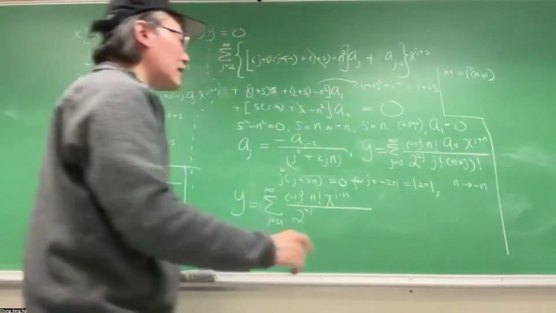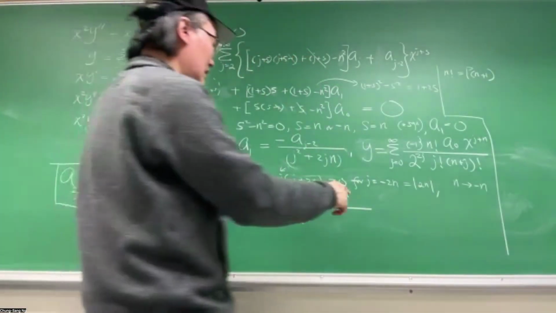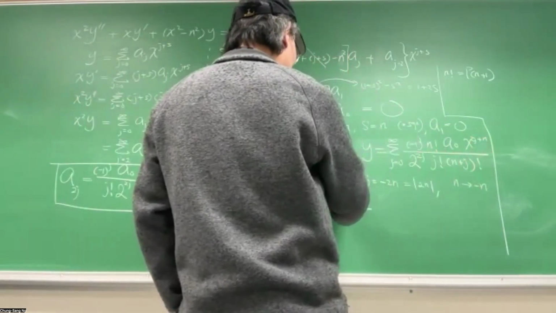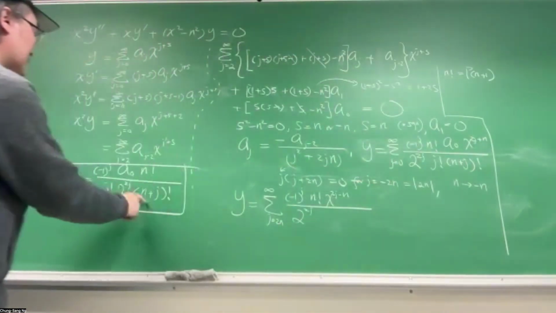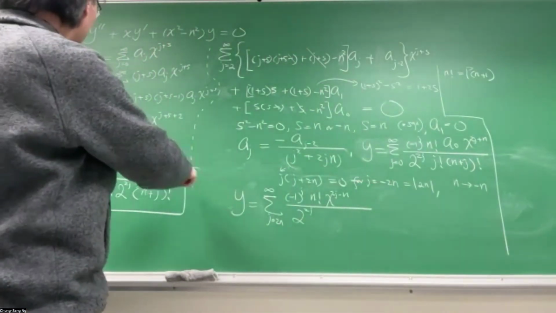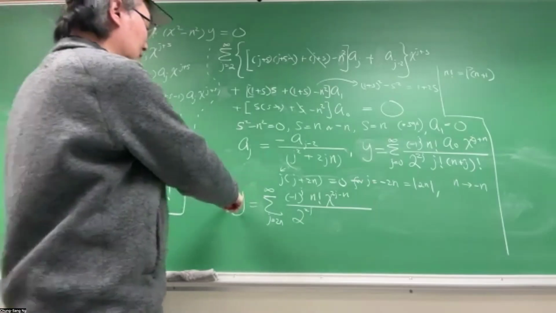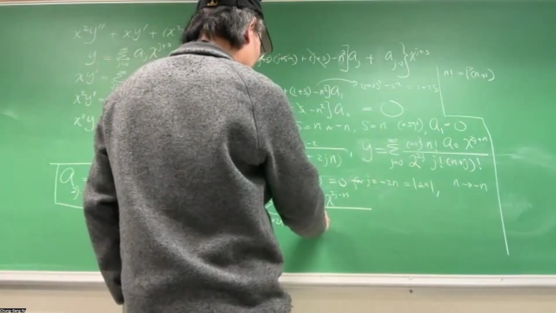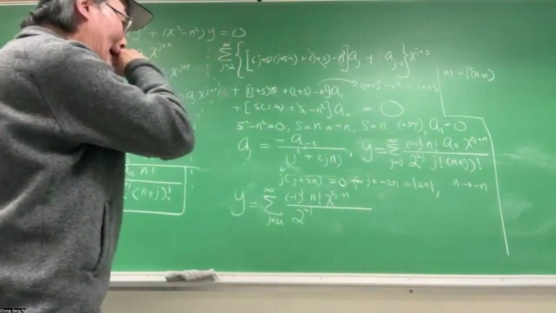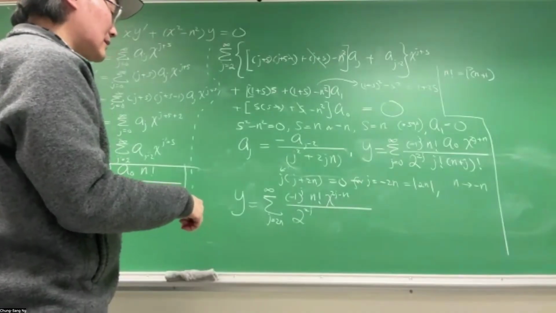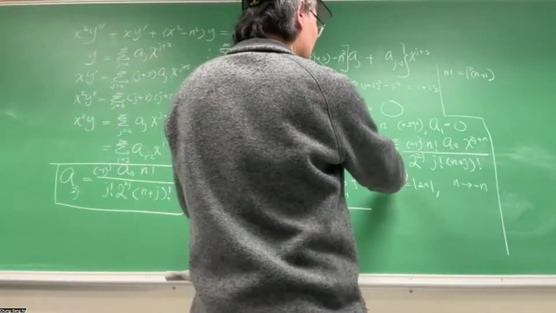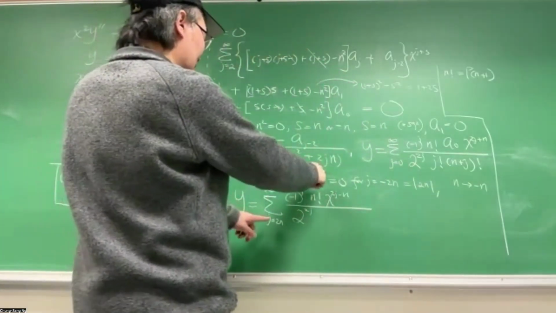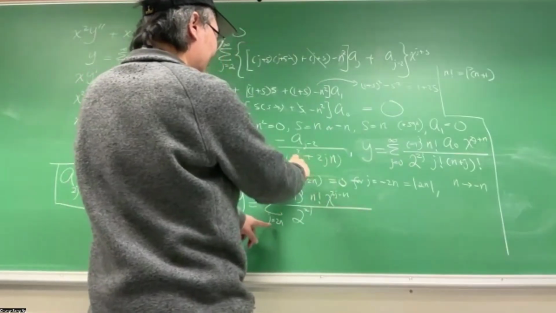Say that again, which one? Is x to the power of 2j? Oh, yeah, right, 2j. X to the 2j. Yeah, that's a general series I wrote here. Yeah, I got you. So this j and that j are not exactly the same.